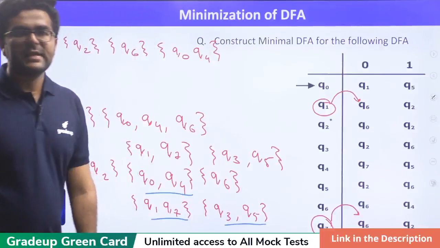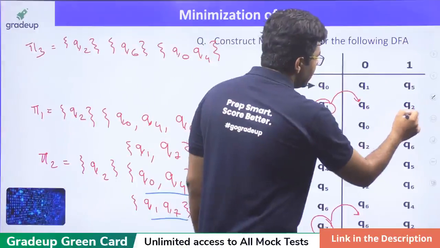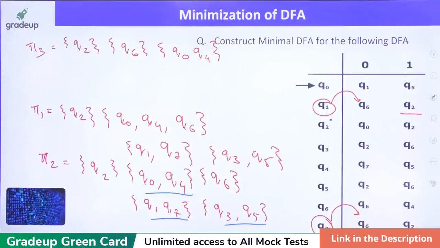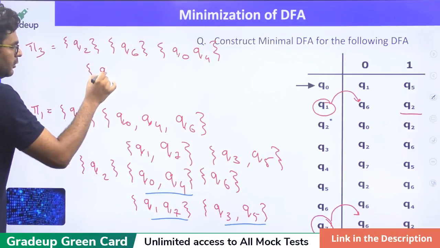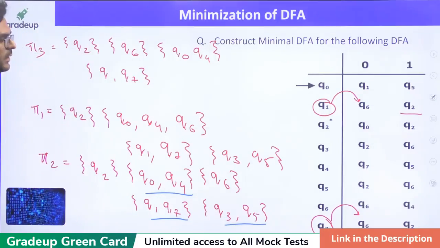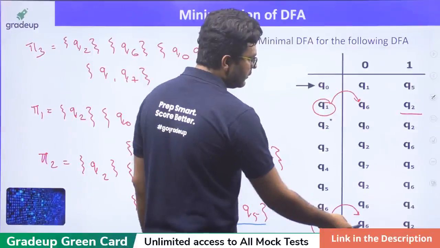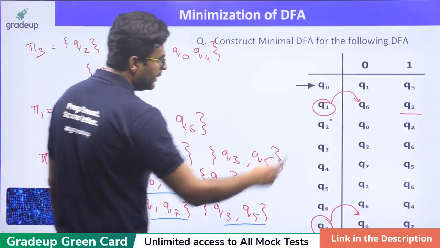So both these states are same, so we can keep them together till now. Next, after analyzing 1, we are going to Q2 state and Q2 state. So both these states are again same, so we can keep Q1 and Q7 together, as both these states are yielding to the same states.